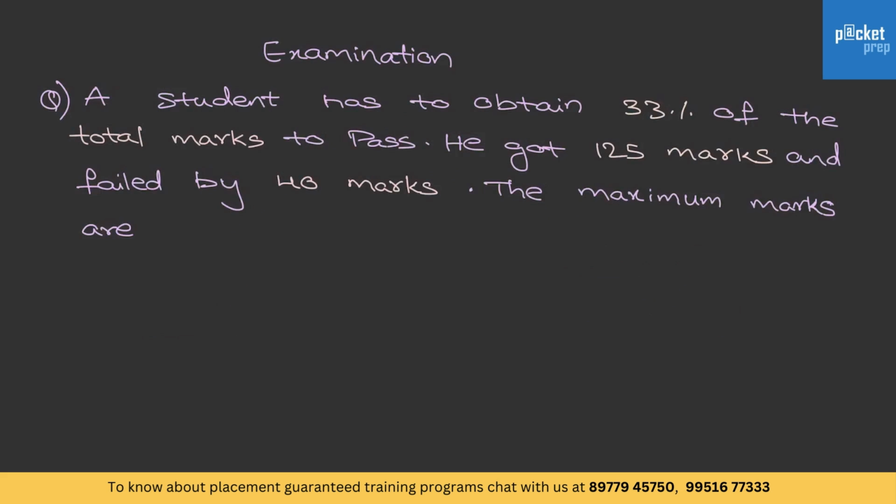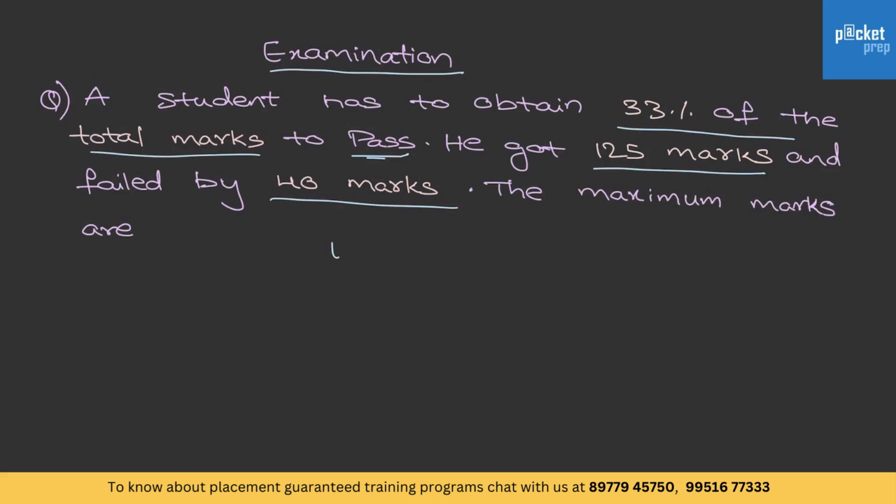This problem is related to examination. In the question here, it is given that a student has to obtain 33% of total marks to pass. So it means that to pass, he must get 33% of total marks. Given that he got 125 marks, but still failed by 40 marks.